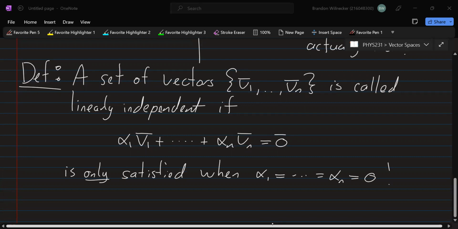If that is the only solution such that this linear combination is equal to 0, then we say they are linearly independent.